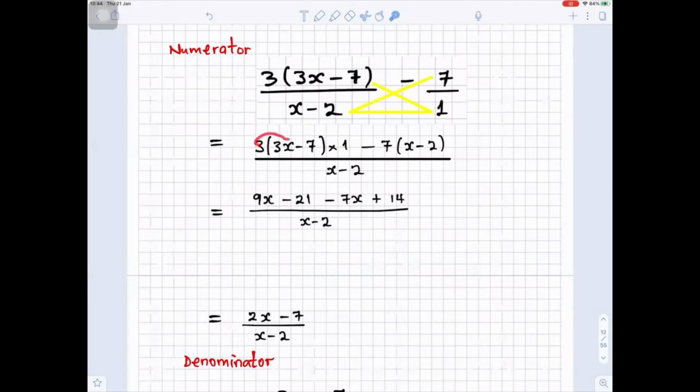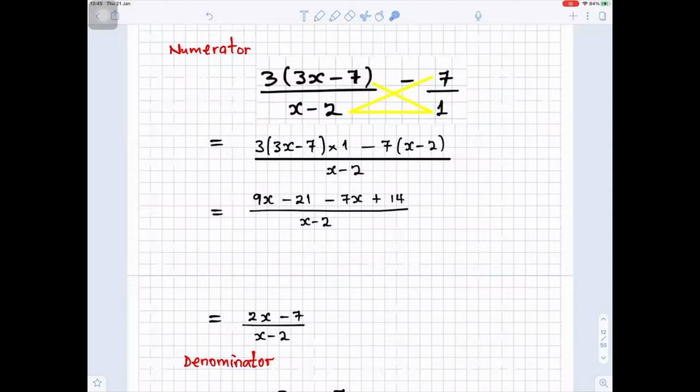So 3 times 3x will give you 9x. 3 times minus 7 will give you minus 21. Minus 7 times x will give you minus 7x. And minus 7 times minus 2 will give you plus 14. So 9x minus 7x gives you 2x. Minus 21 plus 14 gives you minus 7 over x minus 2.